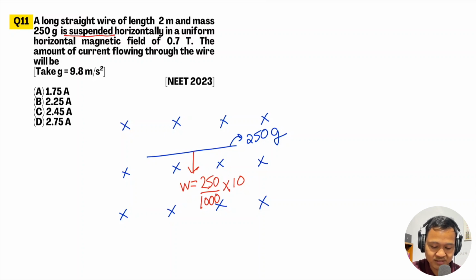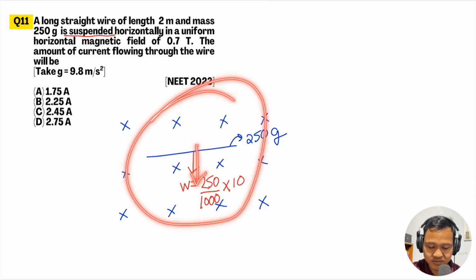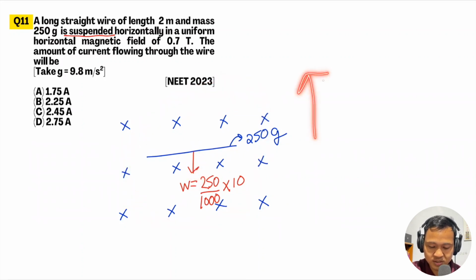The magnetic field is horizontal, along the plane, into the plane.